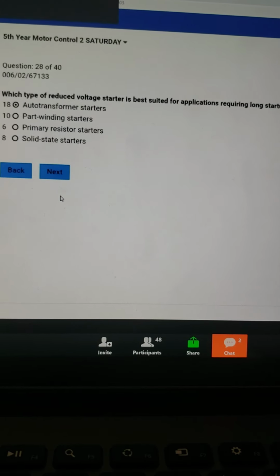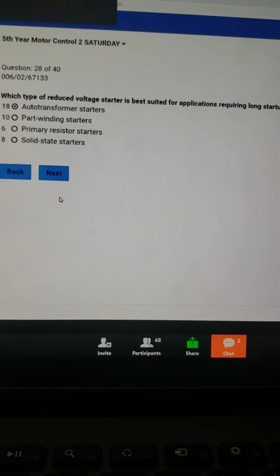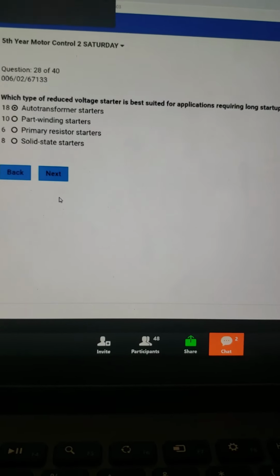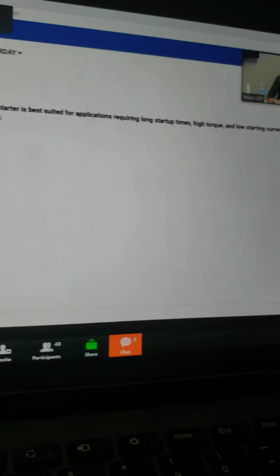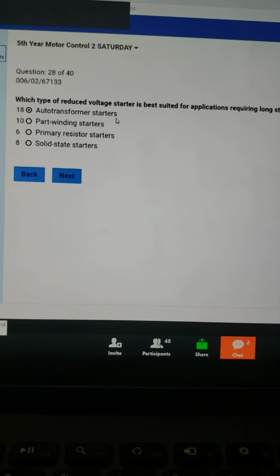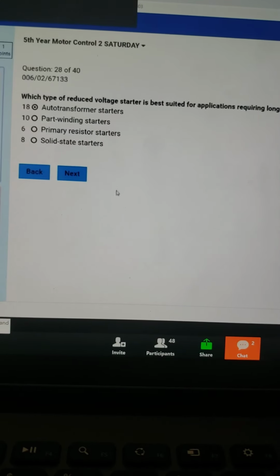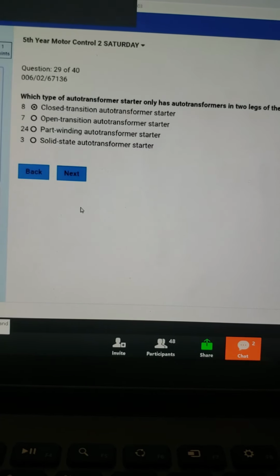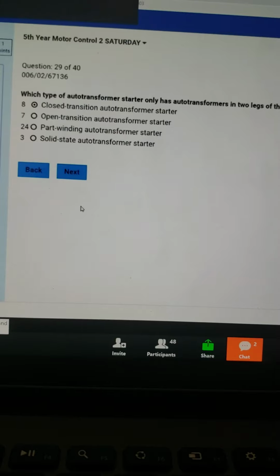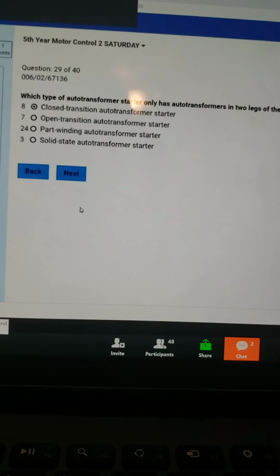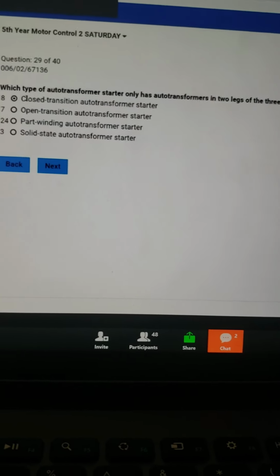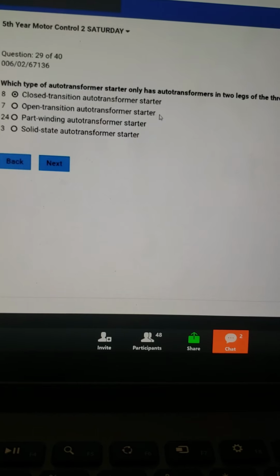Which type of reduced voltage starter is best suited for applications requiring long startup times, high torque, and low starting current? Auto transformer starters. Which type of auto transformer starter only has auto transformers in 2 legs of a 3-phase supply? Closed transition auto transformer starter.